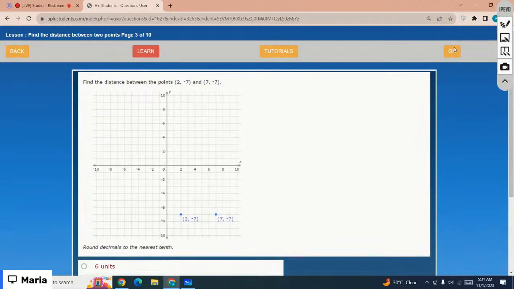You can count the distance between both the lines. Yes, the distance is 5 units. Very good.